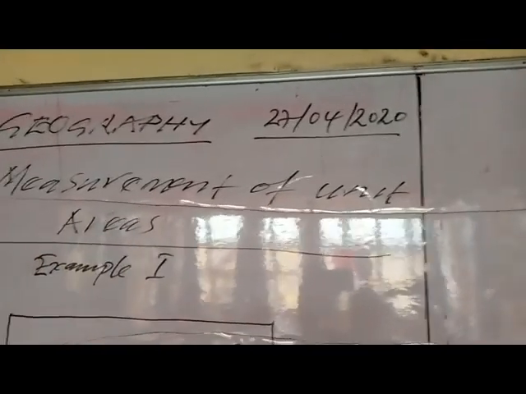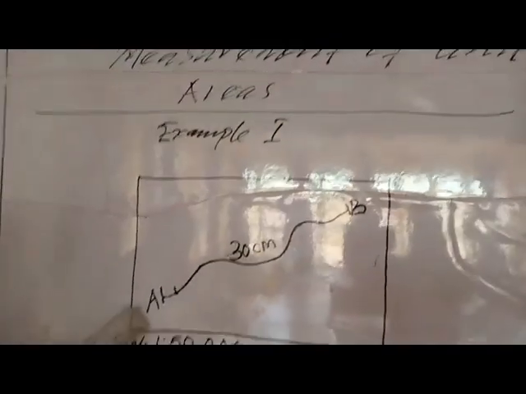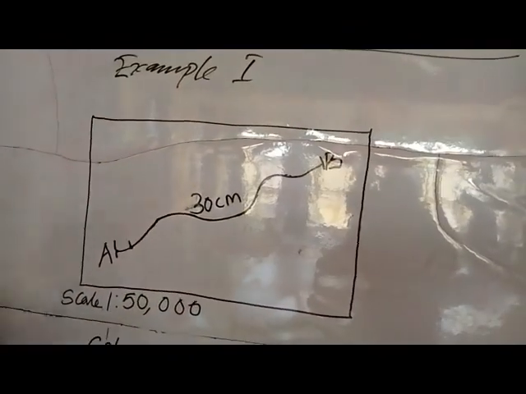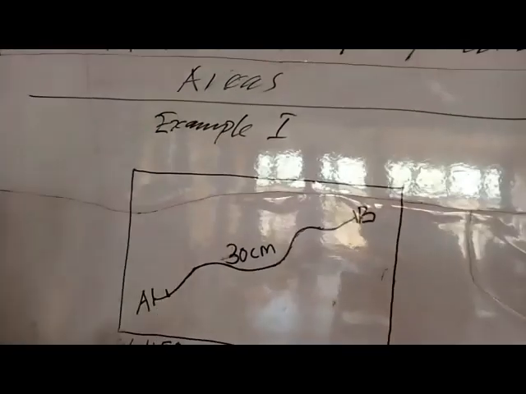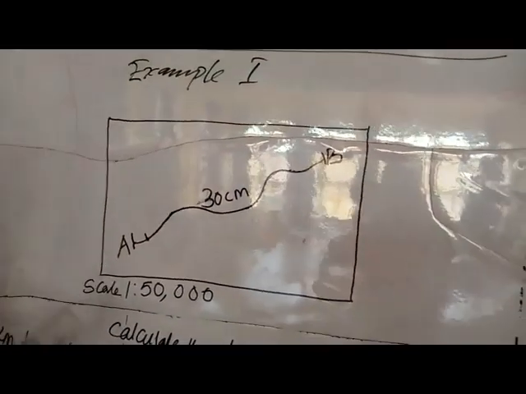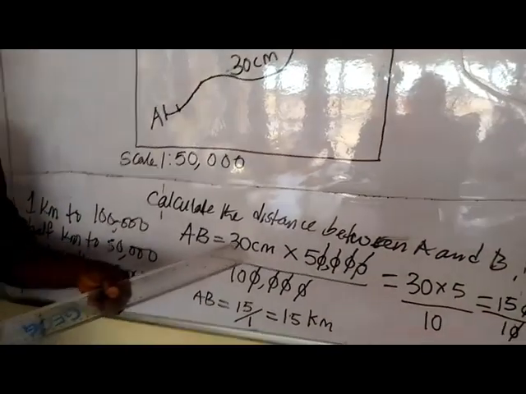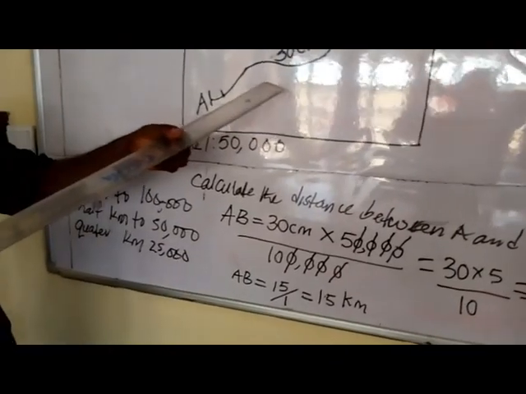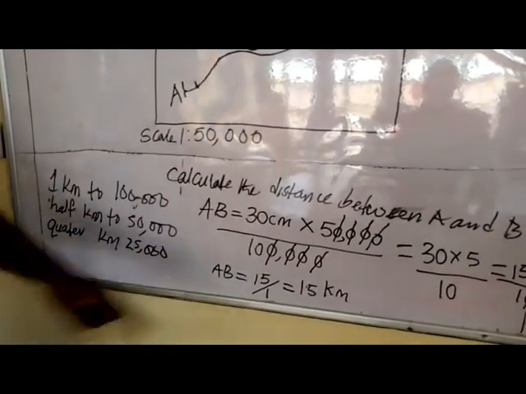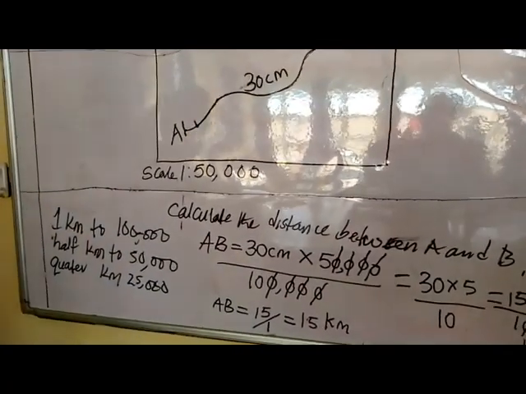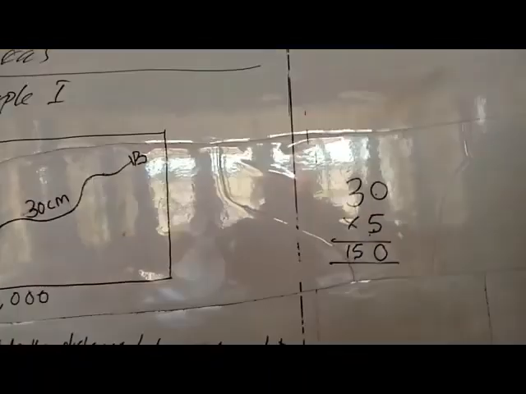So, with this example, we have calculated the distance between A to B, starting from the centimeter units and converting it back to scale. How? AB is equal to 30 centimeter, which we have here. So with this, I believe we all understand what exactly is measurement of units.